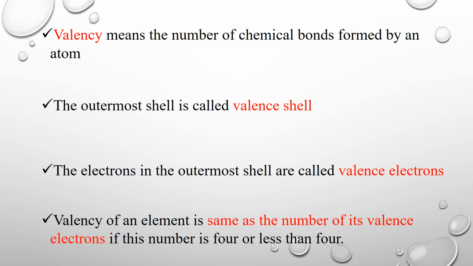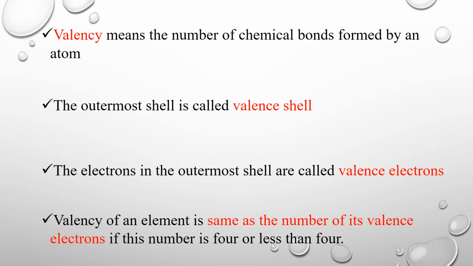If an atom has 1 valence electron, then its valency will also be 1. If it has 2 valence electrons, then its valency will also be 2. If it has 3 valence electrons, valency will be 3. If it has 4 valence electrons, valency will also be 4.